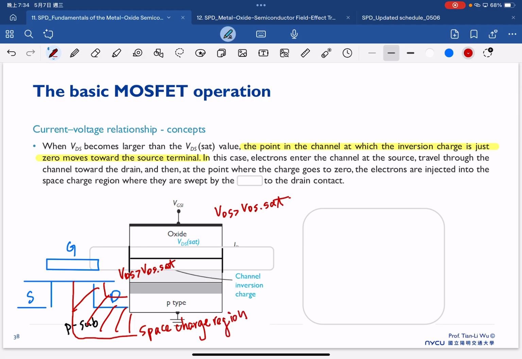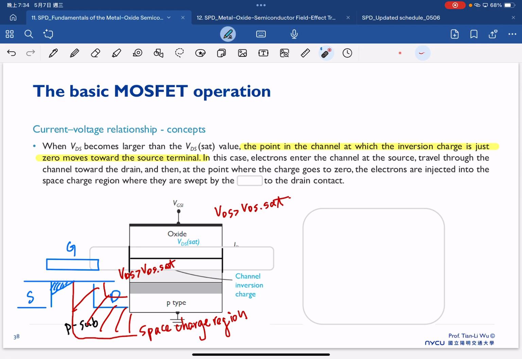And this also will try to push our channel far away from the drain side, because of this depletion region. So now our electrons in the channel will become this way. So again, let me illustrate again.